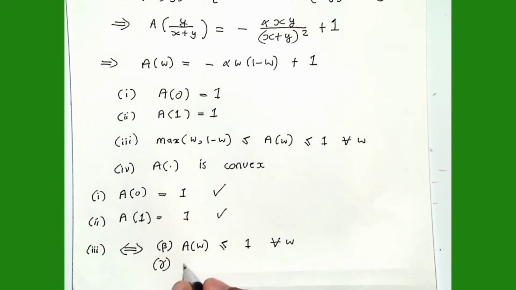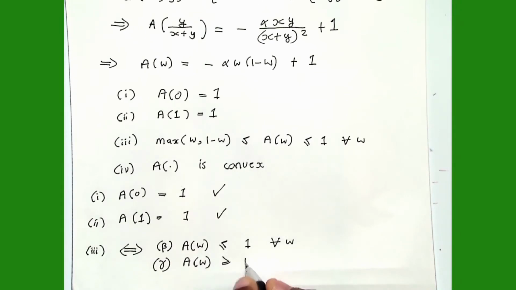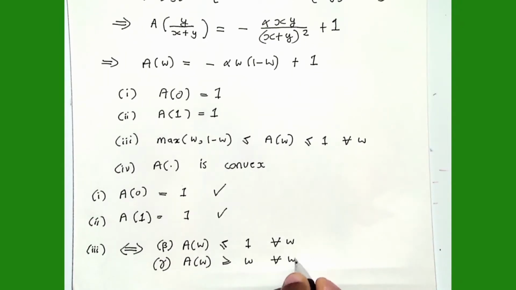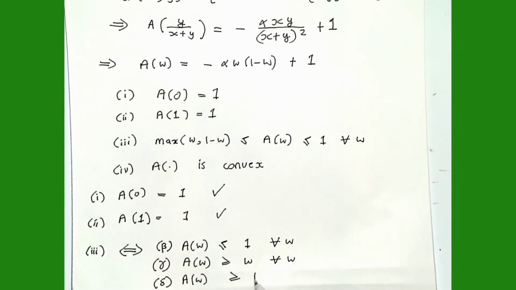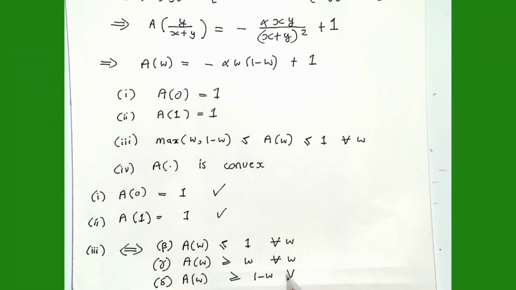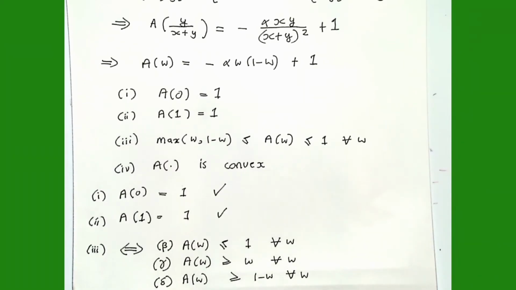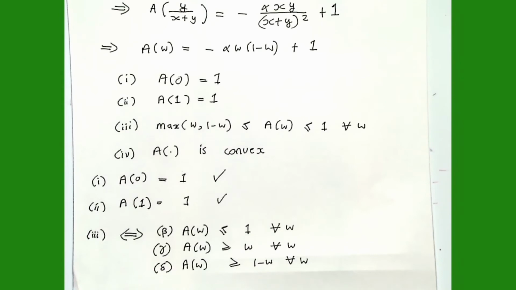Let me call this gamma. A of w must be greater than or equal to w for all w. And let me call this delta. A of w greater than or equal to 1 minus w for all w. So we need to show each of these things, okay? So let's start with beta, then gamma, and then delta.